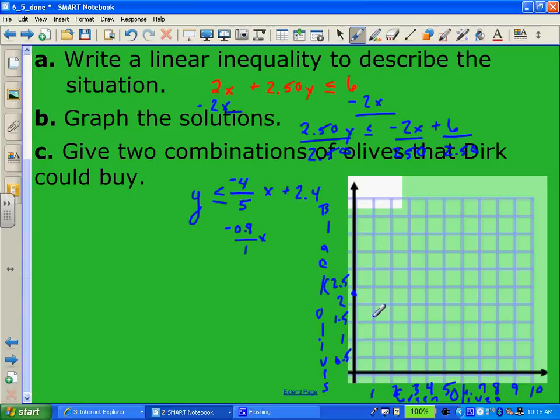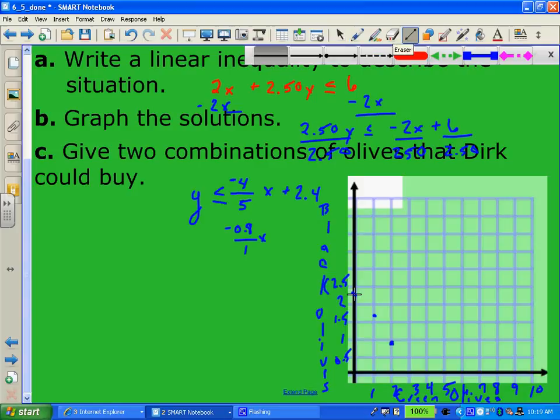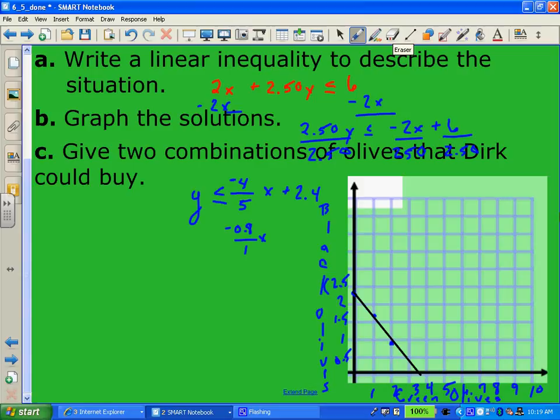And then again, down 0.8 would be what? We're at 1.6, so 0.8 over 1. Somewhere in there. Again, I draw the line through those points.